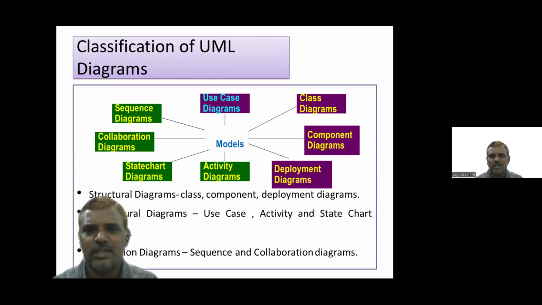You can see here use case diagram, class diagram, component diagram, deployment diagram, activity diagram, state chart diagram, collaboration diagram, and sequence diagram. We have these many classifications. If you count these diagrams, it will cover around 8 diagrams, so probably you can have some 8 to 10 UML diagrams.